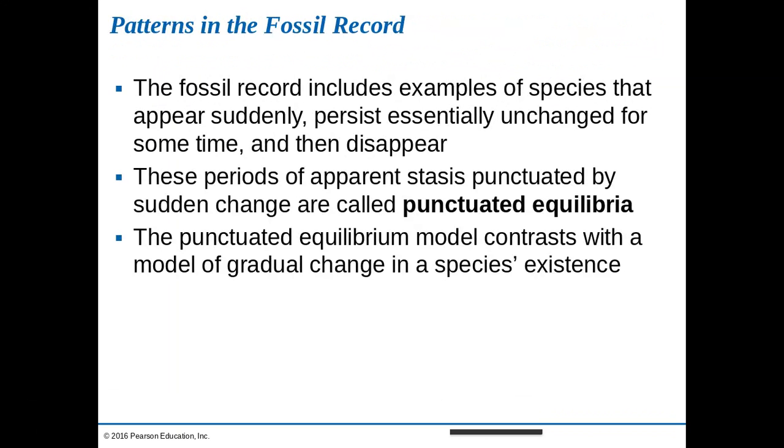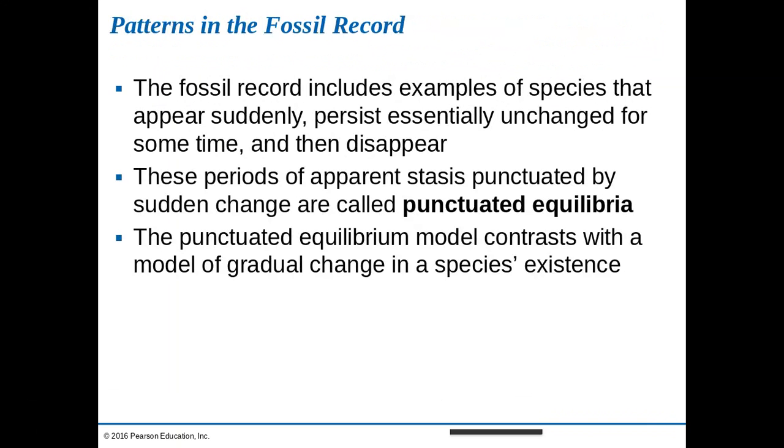The fossil record shows us a lot of patterns, but interestingly, we see a lot of species that arise suddenly in the fossil record. And sometimes those species will show up in the fossils, not change, and then disappear all of a sudden.